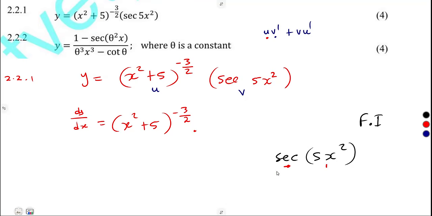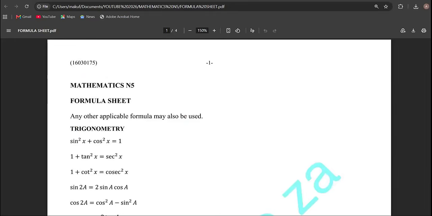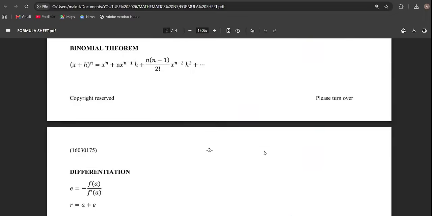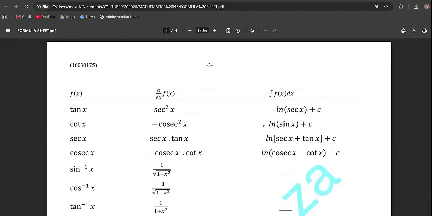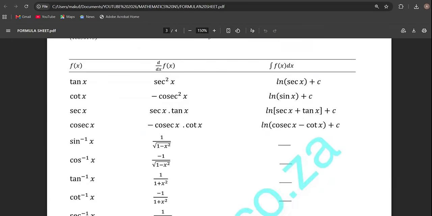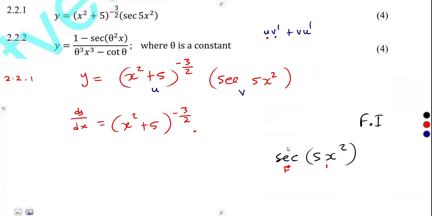So the derivative of a function, a sec, remember a sec changes to sec tan from our derivatives. A sec is going to change into sec x tan x. So that is sec tan, sec tan.